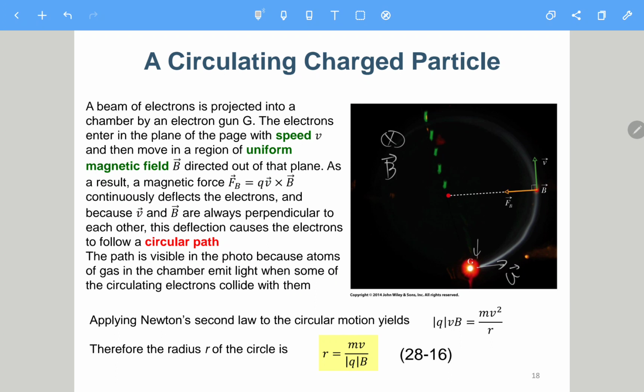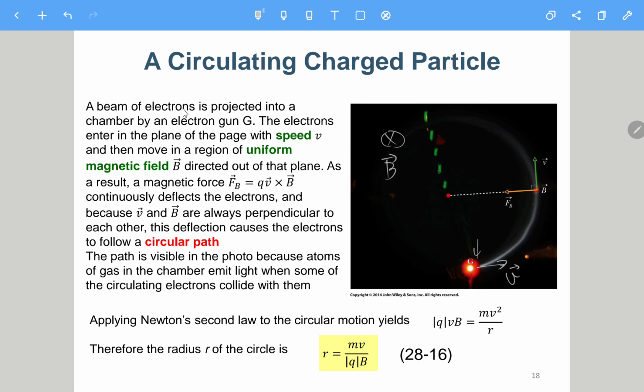So we can see V cross B. Let me see. The electron is pointing in the page.